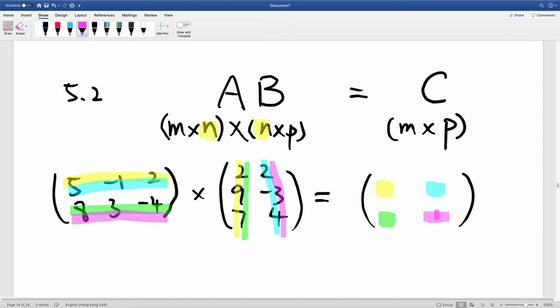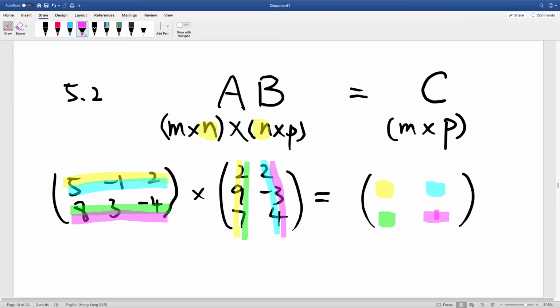Okay, understand? Do it by yourself. Don't use the calculator, because if you use it, you never learn how to do it. 5 times 2 plus negative 1 times 9 plus 2 times 7 gives the number colored in yellow.